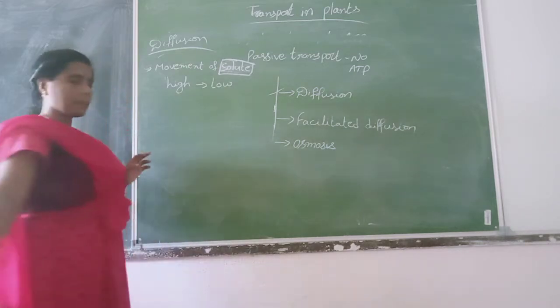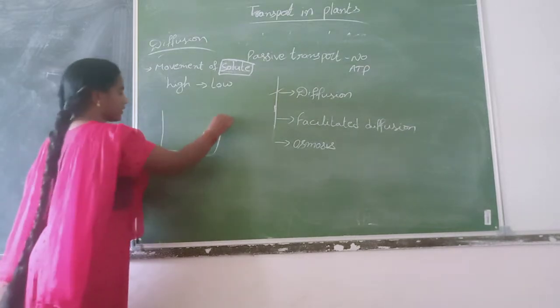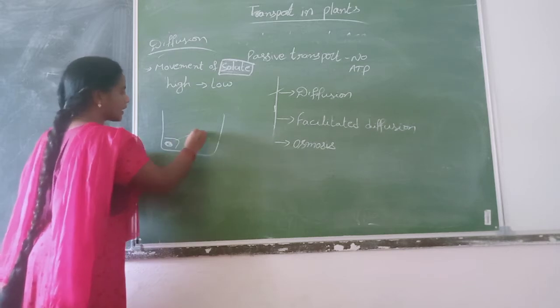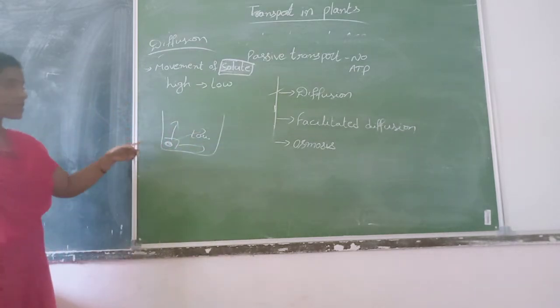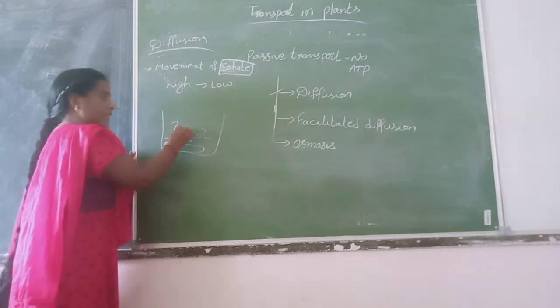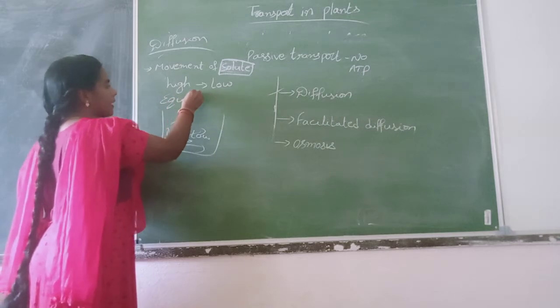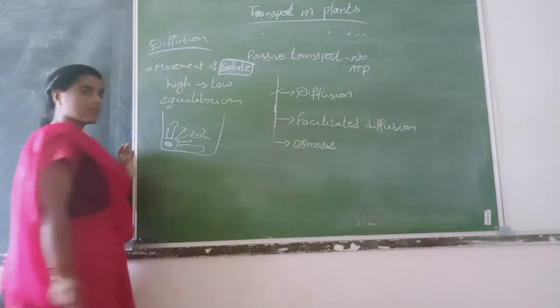Many examples we can take, but here we said that KMnO4 molecules move to the low concentrated area from high concentration. This movement of molecules will take place up to the formation of equilibrium. Okay?